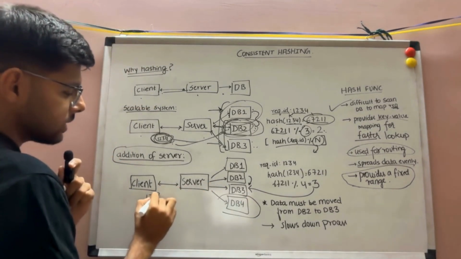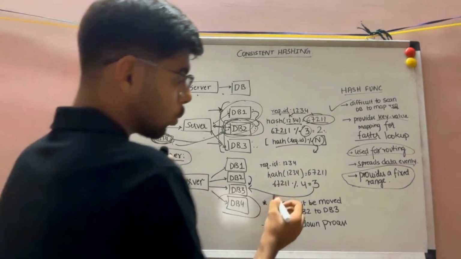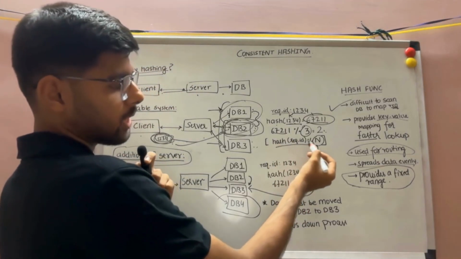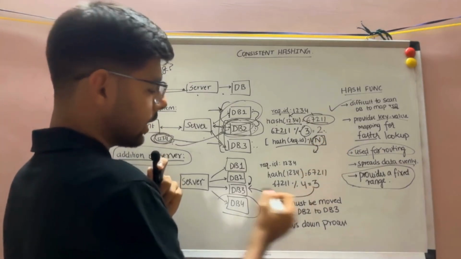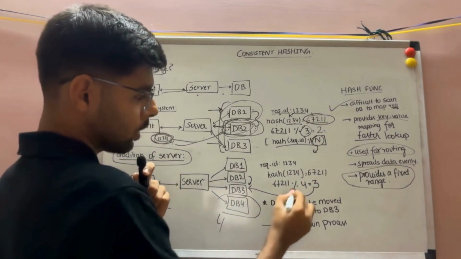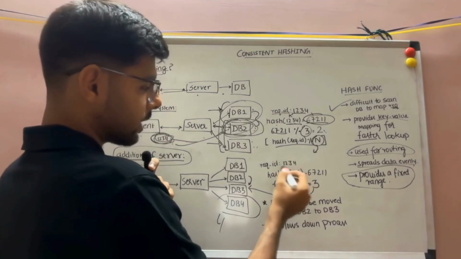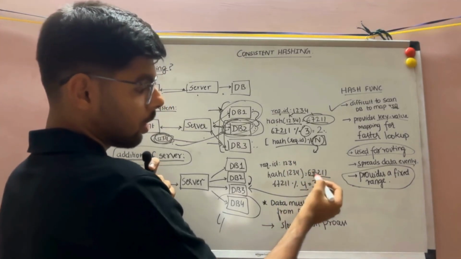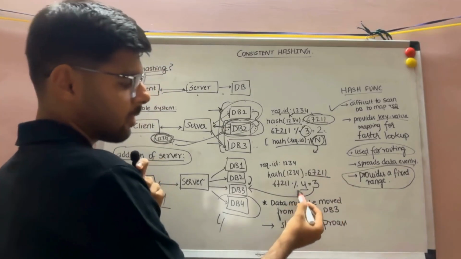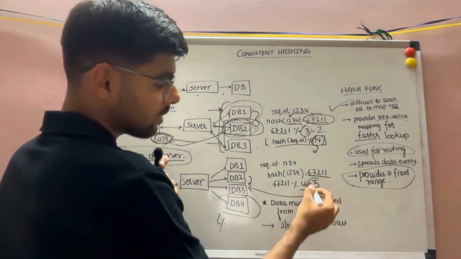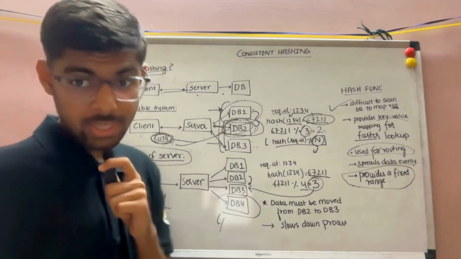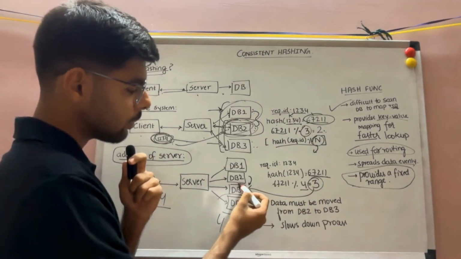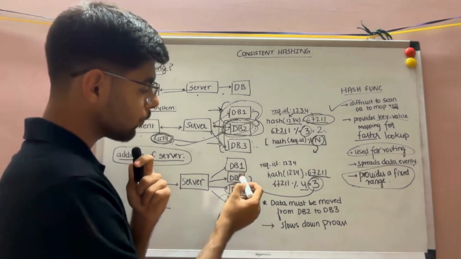Let's say the request ID is still 1234, but now our logic changes. That is, hash of request ID modulo n, and here the n value is now 4. Now when we take the same input and do the hash, we get 67211, and when we do the modulo, we get 3 as the output, which means that your new data should now be stored in database 3 instead of 2.